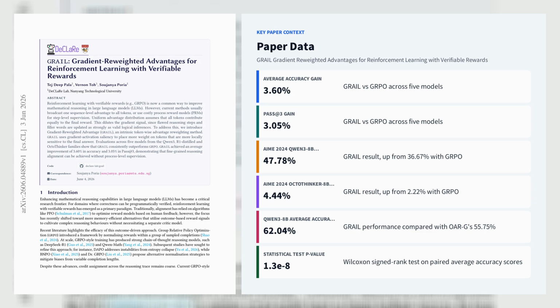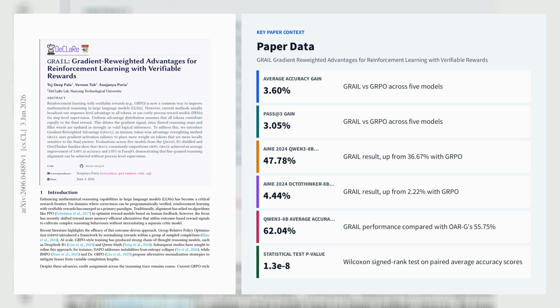With especially large gains on AIME 2024, Qwen 3 8B rises from 36.67% to 47.78% accuracy, while OctoThinker 8B rises from 2.22% to 4.44%. The method also beats OARG, reaching 62.04% average accuracy on Qwen 3 8B versus 55.75%.